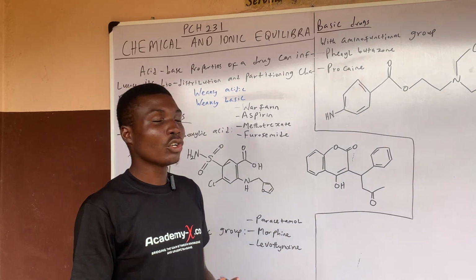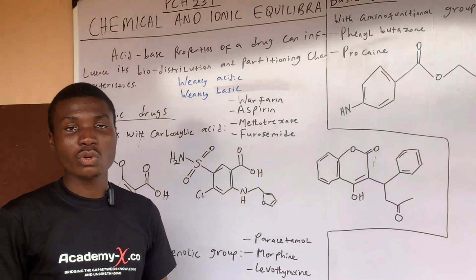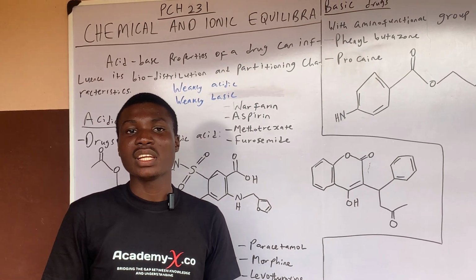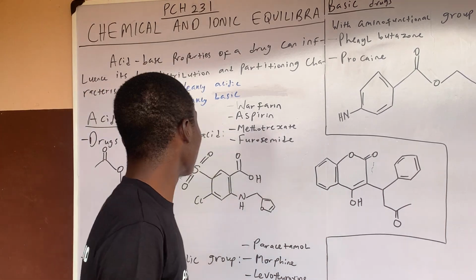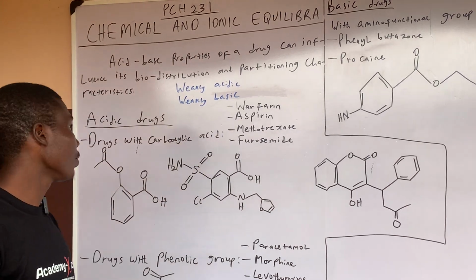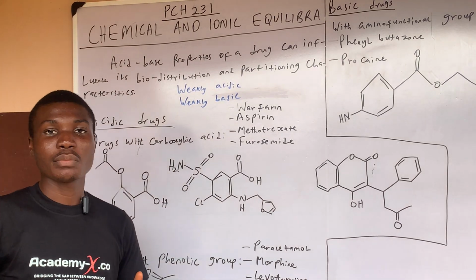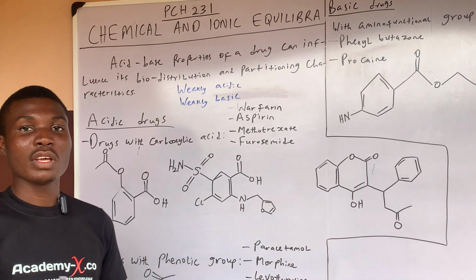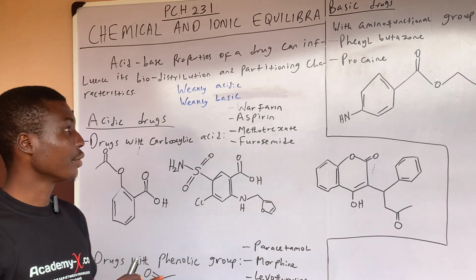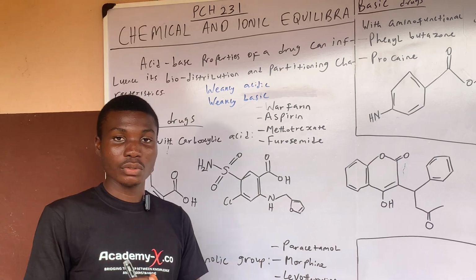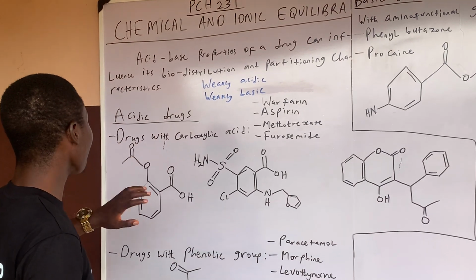So depending on whether they are acidic or basic is going to impact their absorption characteristics. The first thing we're going to do is look at examples of acidic drugs, then examples of basic drugs, and from there we'll progress to talk about theories of acid and base reaction. So let's now move on.